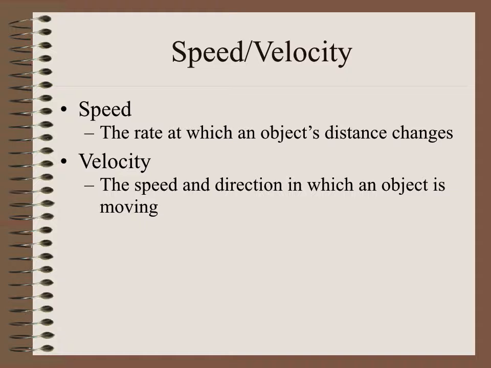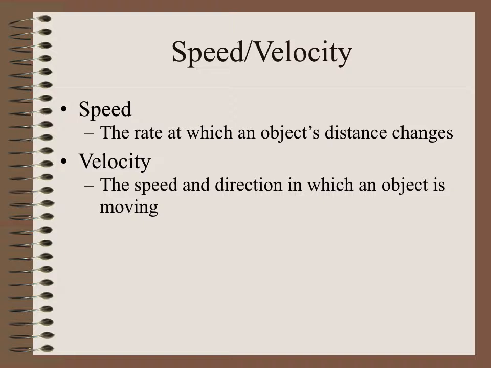So for example, if you were driving to Hometown from school, and let's say you're going the speed limit, we could say that you're going 45 miles an hour up Hometown Hill. On the other hand, if we said that you were going 45 miles an hour northward, we would actually be giving the velocity.